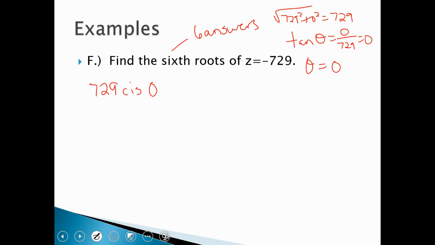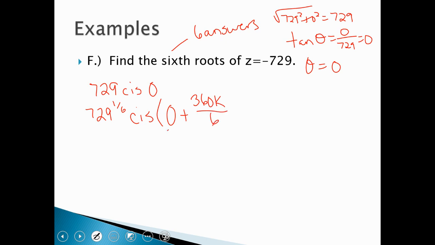To find the 6th roots, I'm going to take the 6th root of 729. I would not expect that you knew that in your head, but maybe you do. And then just to show you that you can do this in degrees as well, it would be 360k over 6.